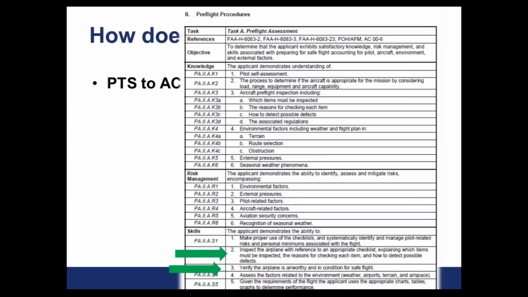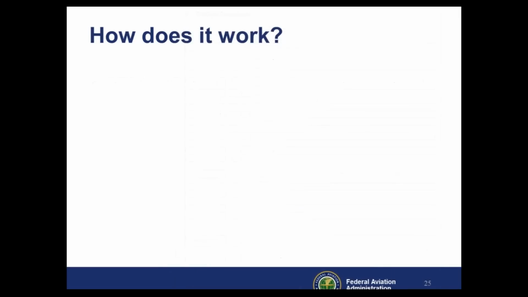That's where those concepts were moved into. You might remember there were actually 3 elements in the PTS, and they were reduced to 2 in the ACS in this case. Anyway, I'm going to explain in just a moment why we're not going to have a 6-hour Checkride.